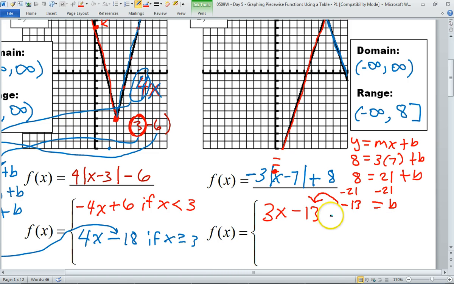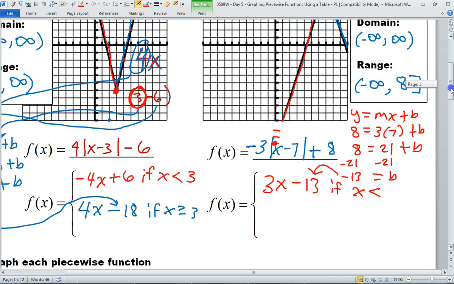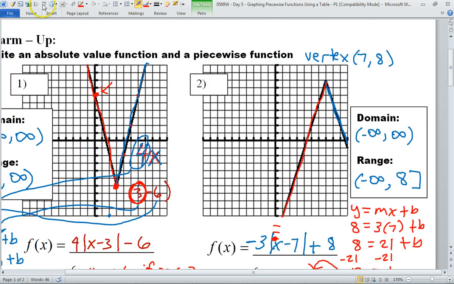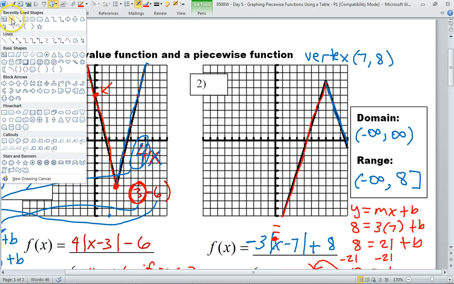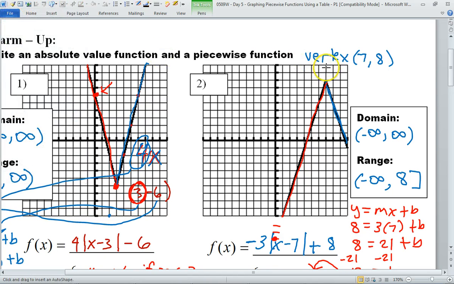I need the if part. If x is less than something. How do I get this number, the cutoff number? It's like the x value of the vertex. You could think of it as the axis of symmetry. If I put a vertical line right here, that shows you where this graph gets split into 2 parts.